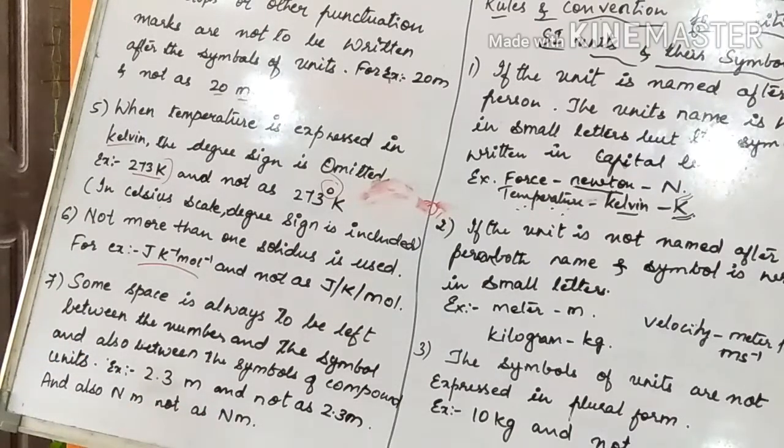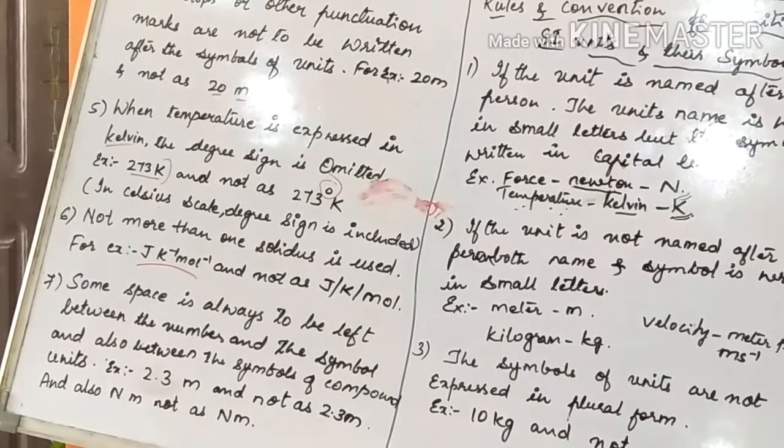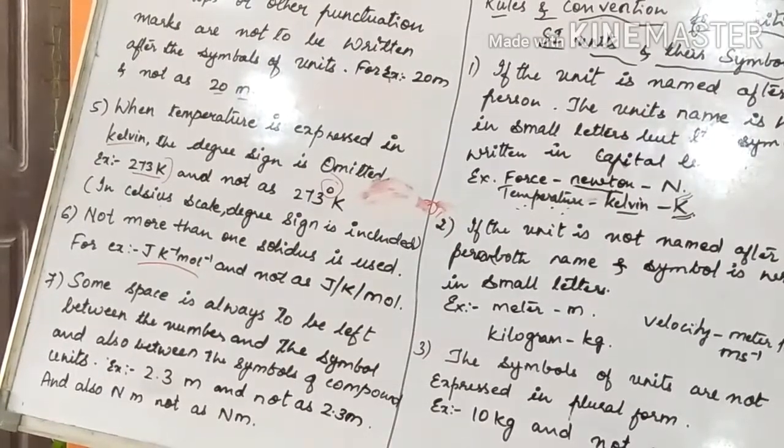These are some of the rules to be followed while writing SI units and their symbols. Once more I'll tell. If the unit is named after a person, the name should be written in small letter and the symbol in capital letter. If the unit is not named after a person, then both the symbol and the name are written in small letters.